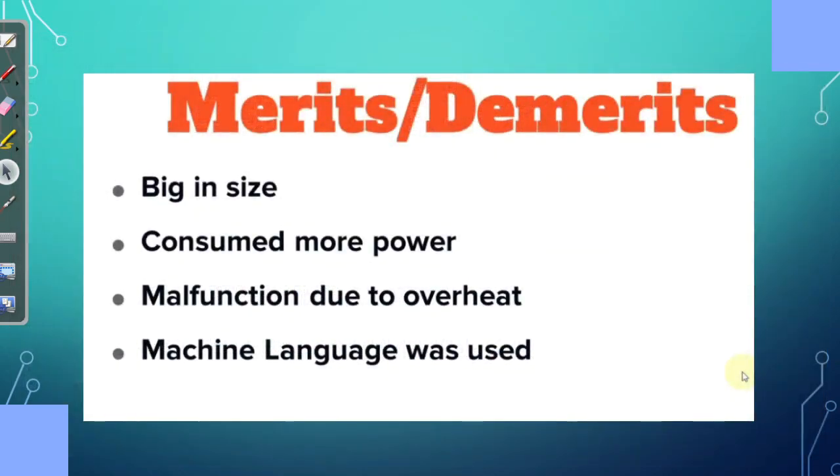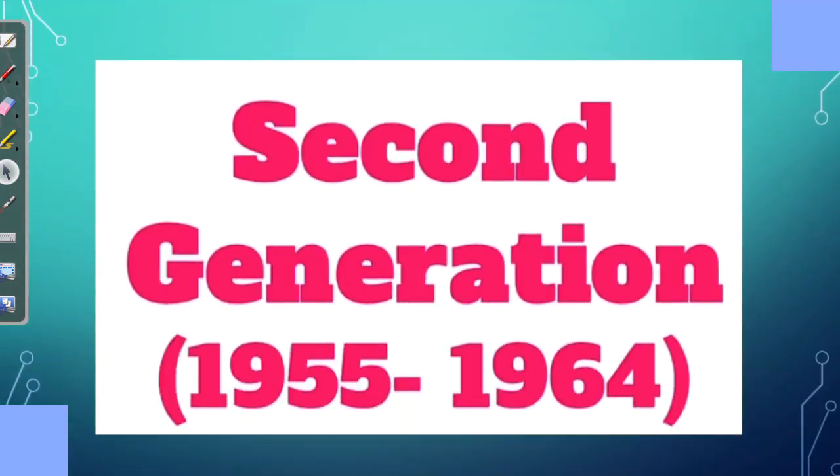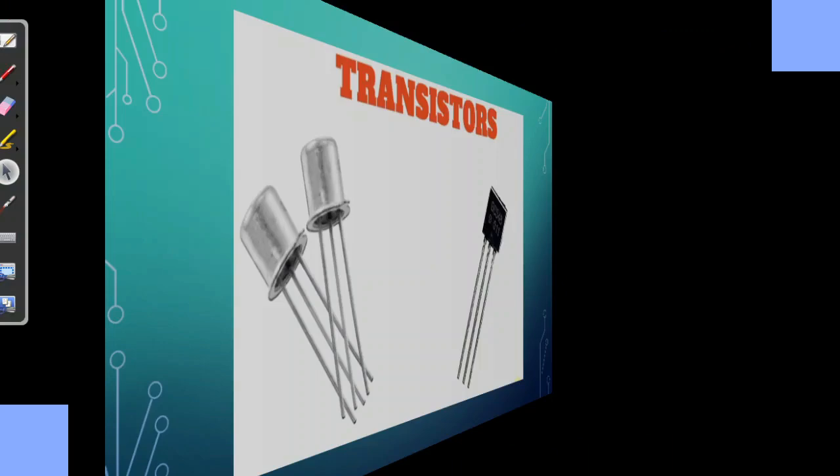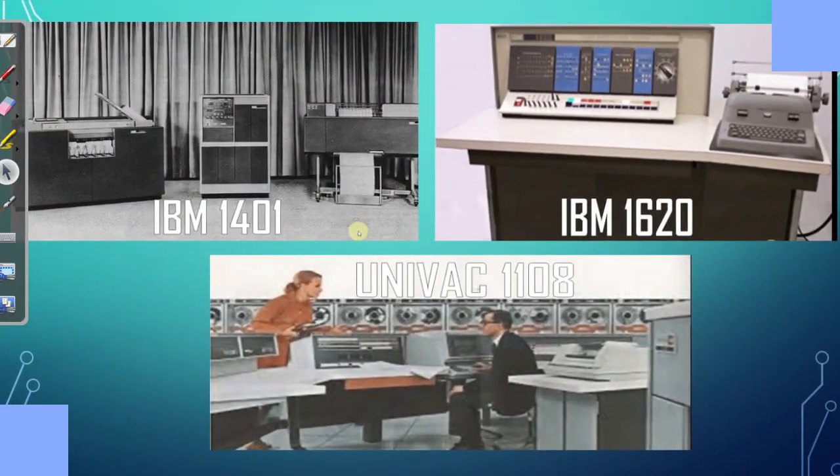Next, coming to the second generation, it was invented in 1955 to 1964. In this you will have transistors, so compared to the vacuum tube, it is somewhat less in size. Where do we use this second generation computer?